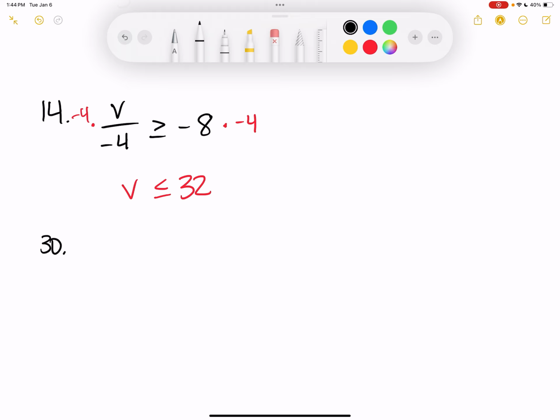30. Write the verbal sentence as an equation, write the inequality, or solve the inequality, graph the solution. We're just going to do the write and solve part, not the graphing. So the product of 8 and x is greater than 50. I got you.